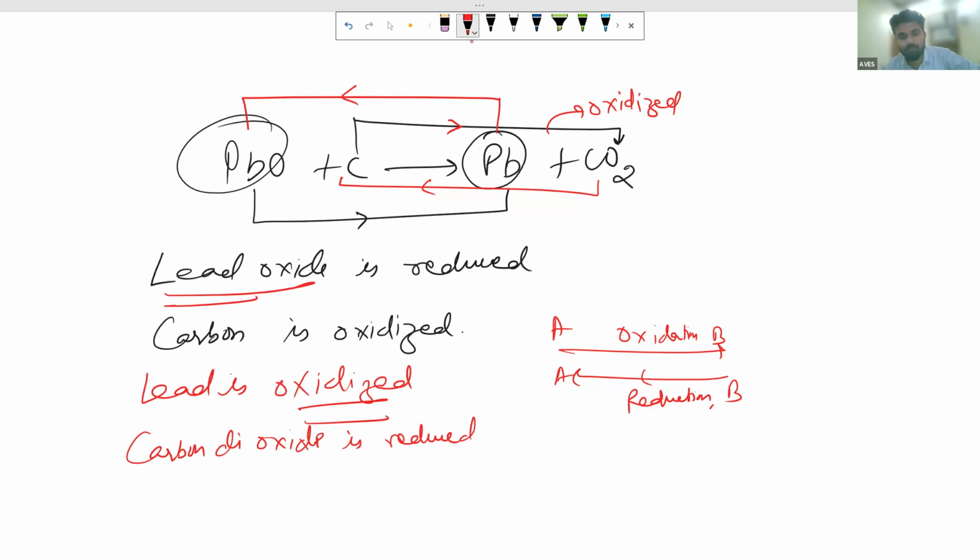Put it down. Put the reaction, write each and everything. Lead is oxidized, carbon dioxide is reduced. Put it down.